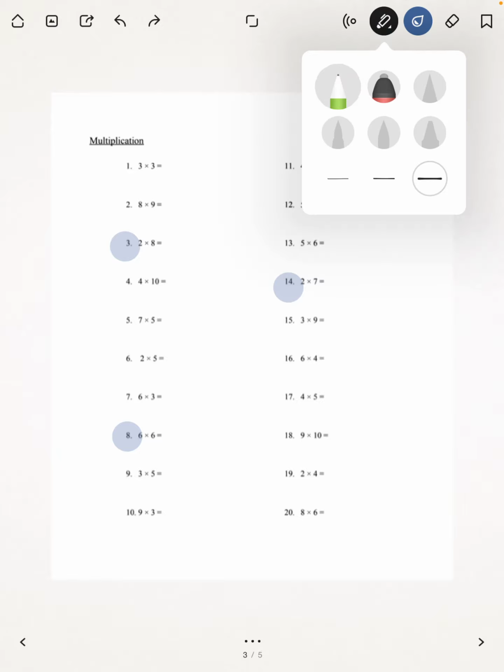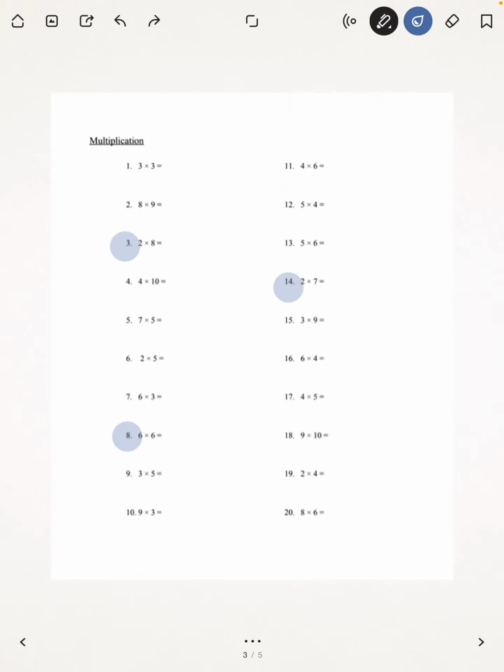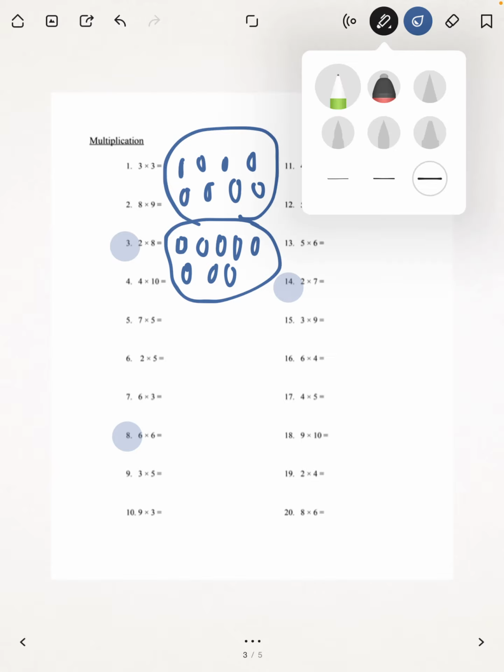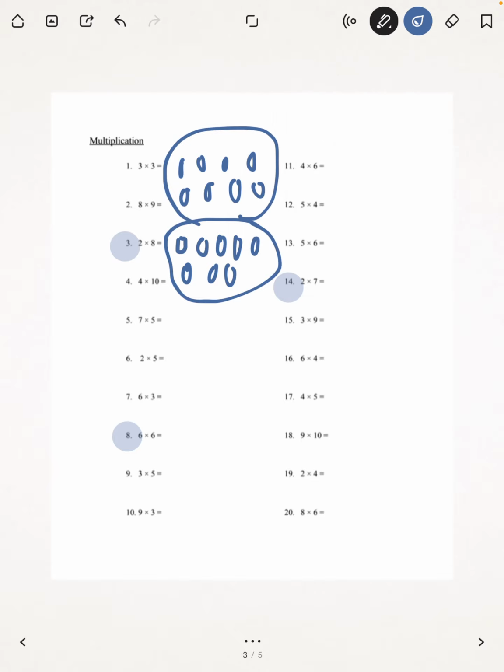Next, we are doing multiplication. So let's start by doing number 3, number 8, number 14. Okay, so 8 times 2, I'm going to be drawing 2 sets of 8. 1, 2, 3, 4, 5, 6, 7, 8. 1, 2, 3, 4, 5, 6, 7, 8.